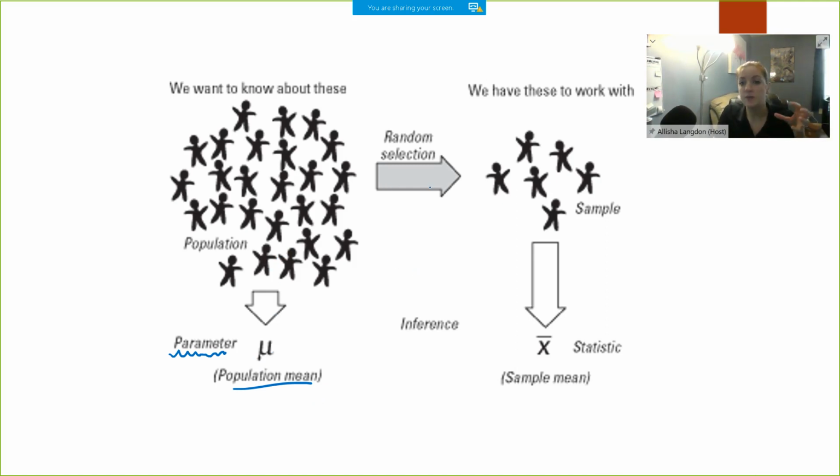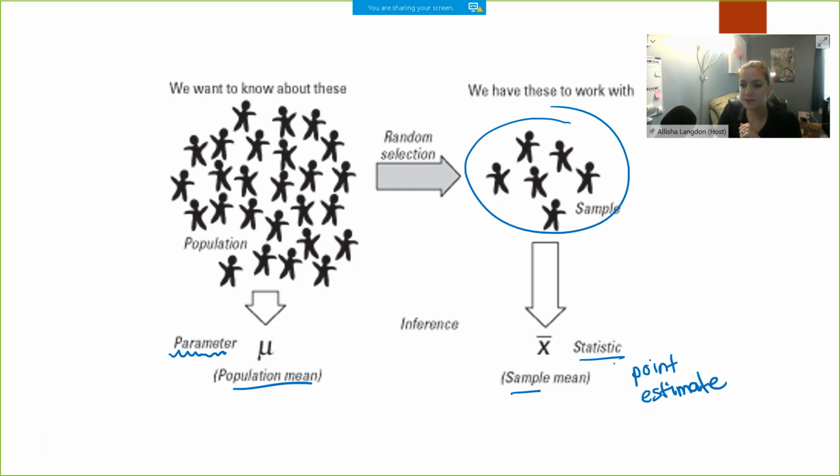What we have to do is take a sample, so a smaller group of people from the population, maybe my class, for example, and we're going to make conclusions from that sample that we took. So we do our little work, we do Excel, gather information. We get to x bar, which is our sample mean or statistic, or you could also call it your point estimate.